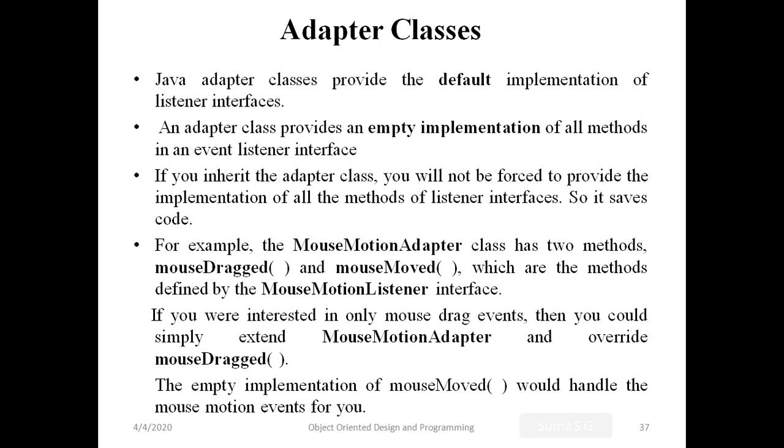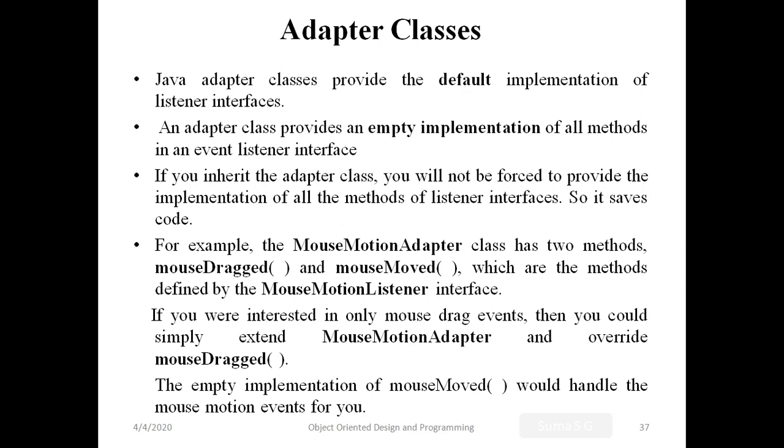Now what is the advantage of using adapter classes? Corresponding to each listener interface, if you have an adapter class, you can save code. How? If you inherit the adapter class in your class, you will not be forced to provide the implementation of all the methods of the listener interface.